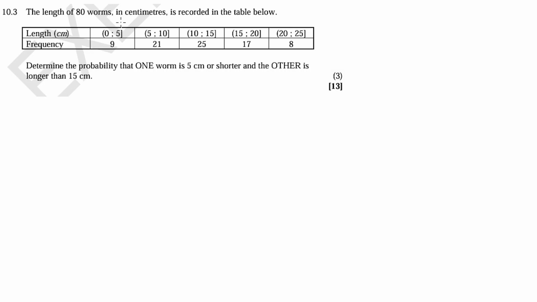So all the worms that have a measure of 0 to 5, right? That measure anything between 0 and 5 centimeters. There's 9 of them. Any worm that measures 5 to 10, there's 21 of them. From 10 to 15, 25, 17, then 8. When you add these numbers, you should be getting 80.